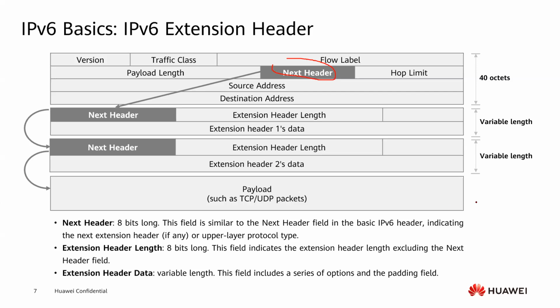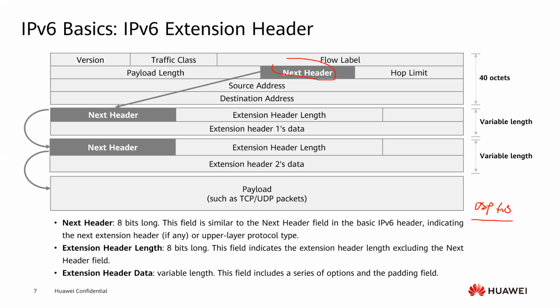Do you remember OSPF version 3? It also removed the authentication field from its packet header because it can use the IPv6 authentication function based on the authentication header. And finally, the encapsulating security payload header.